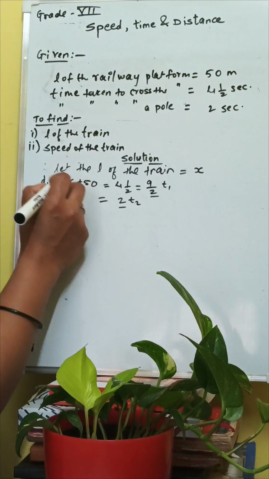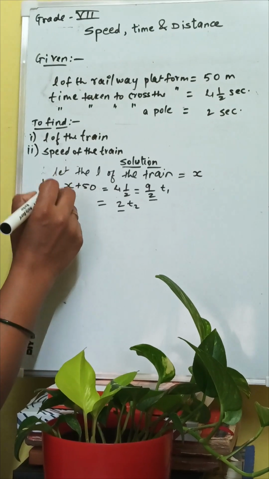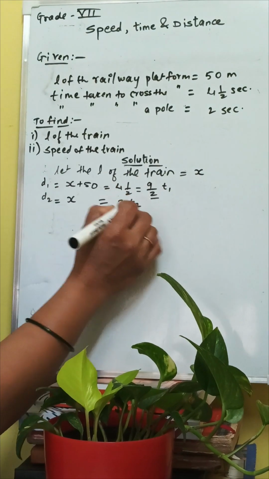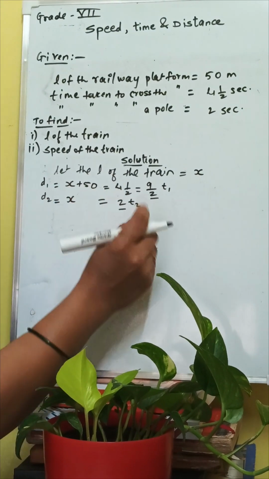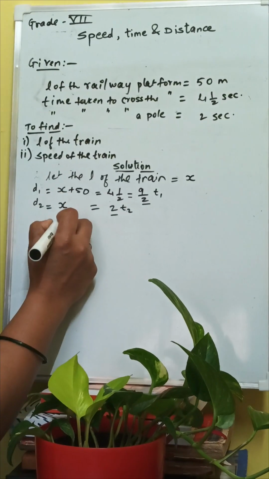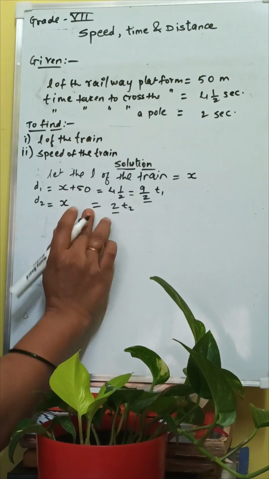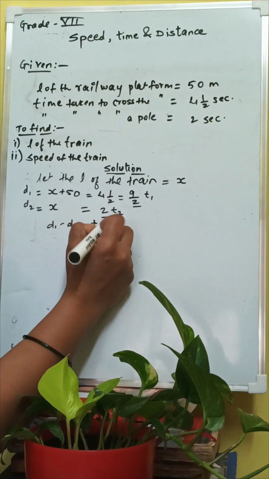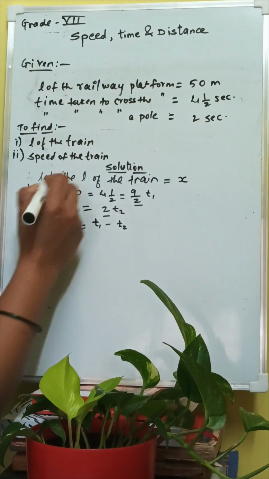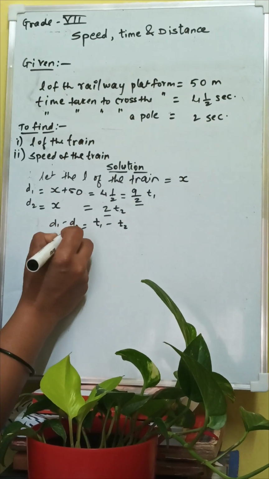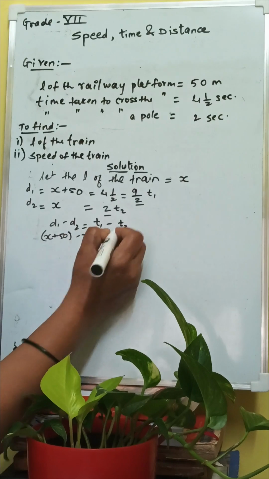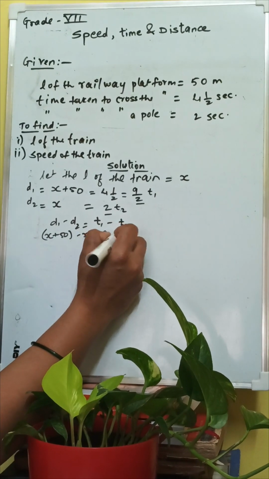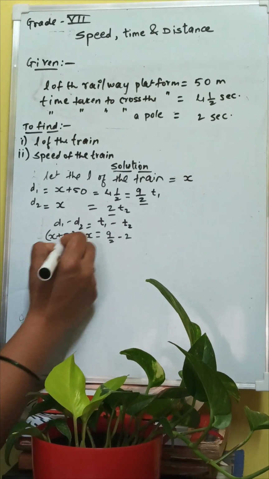So if I subtract the time taken for the second distance from the first distance, we will come to a certain time. Now D1 minus D2 is equal to T1 minus T2. D1 is x plus 50 minus x, is equal to 9 upon 2 minus 2.